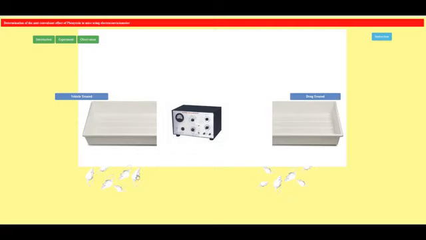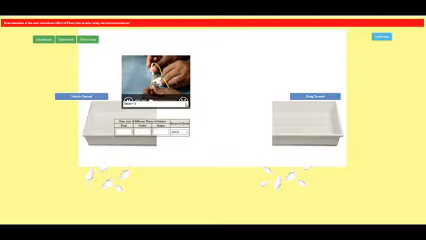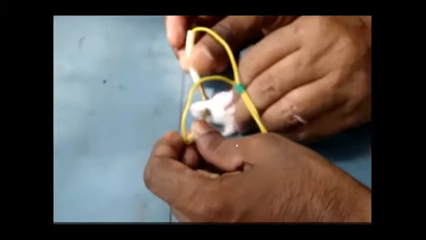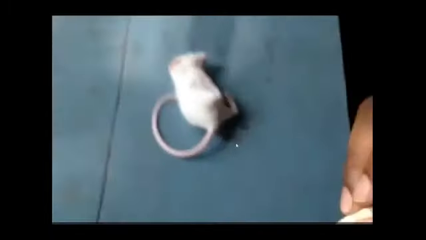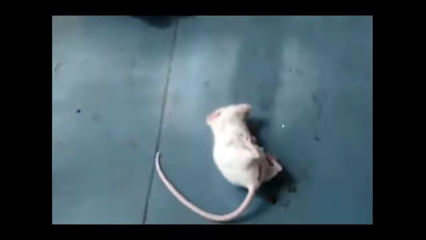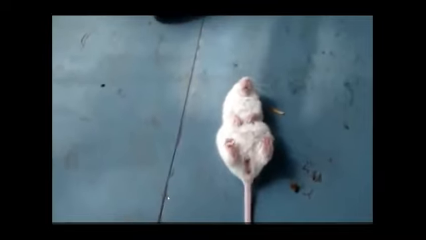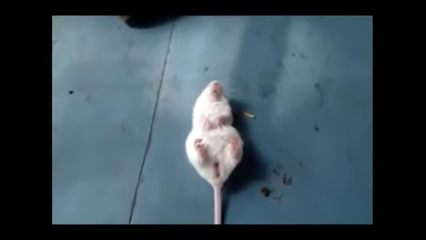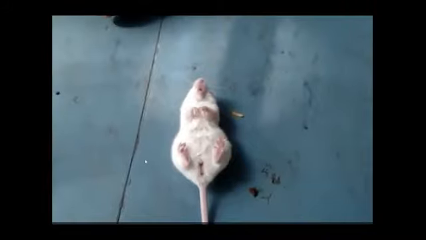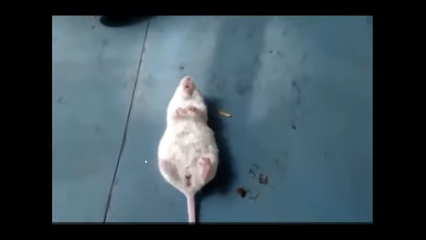I am going to select one animal from group 1, which is treated with vehicle. I have clicked here and you can see the electric shock has been provided on the ear pinna. Initially I see a shivering movement, which extends till 10 seconds, and now it will be observed with a rapid jerking movement.